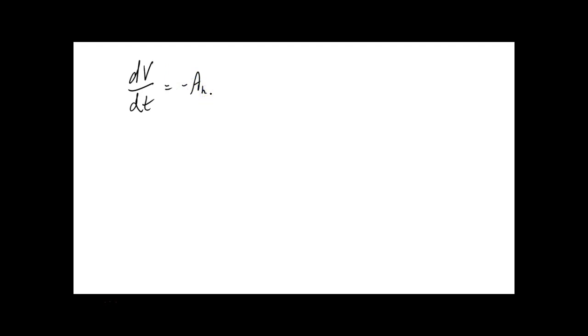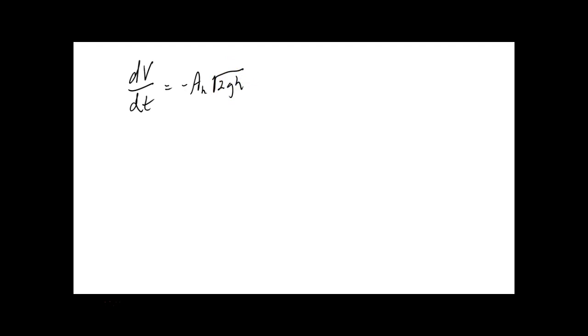Now, I have to define that for you. That is the area of the hole at the bottom, and they're giving it in square feet, which is a huge unit for that, times the square root of 2gh, okay? Now, let's see if that makes sense.